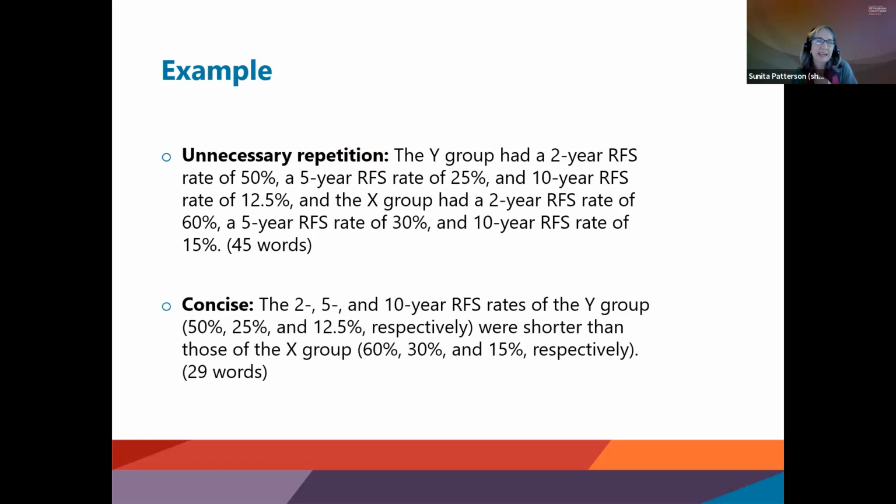When you have a sentence that has phrases that are repeated again and again, you may be able to combine them. And so here you see a lot of data written in thorough wording that can be conveyed clearly by using parentheses and the word respectively to take out some of those repeated words.